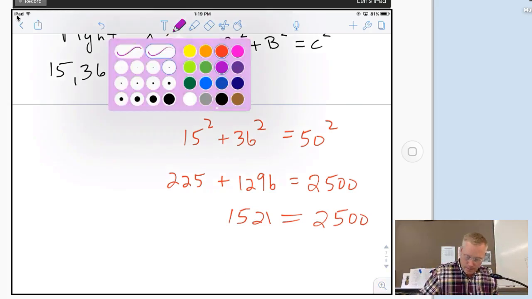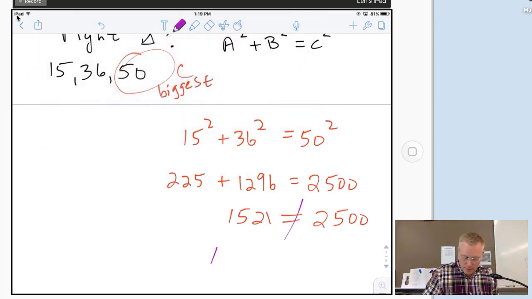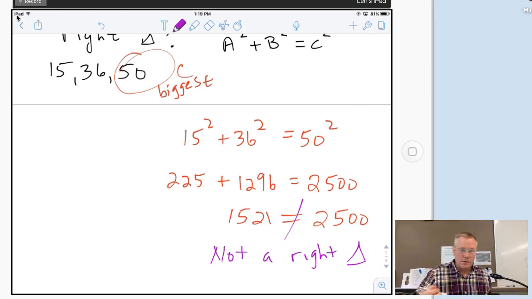So that means not a right triangle. Okay. If it turned out to be like 1521 equals 1521, then it'll be yes, it could be a right triangle. Okay, I'll write that over here.